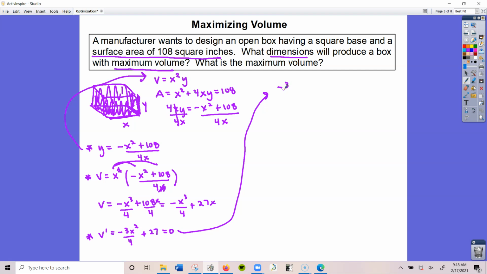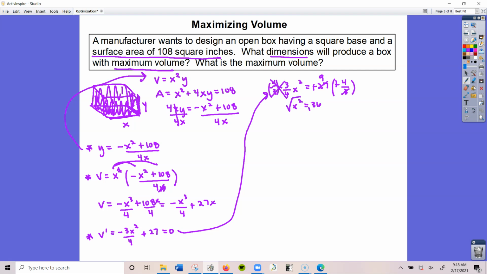So negative 3 over 4 x squared is equal to negative 27. I'm going to multiply by the reciprocal of this fraction so I can cancel it out. So multiply by negative 4 over 3. The negatives will cancel. 27 divided by 3 is 9. And then 9 times 4 is 36.